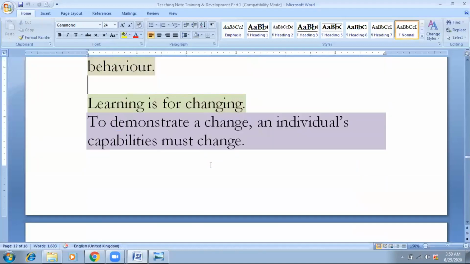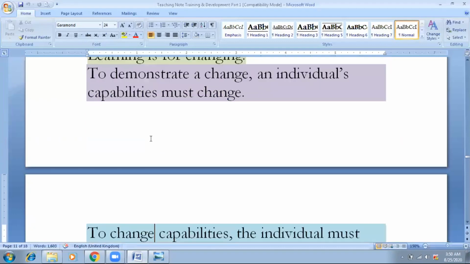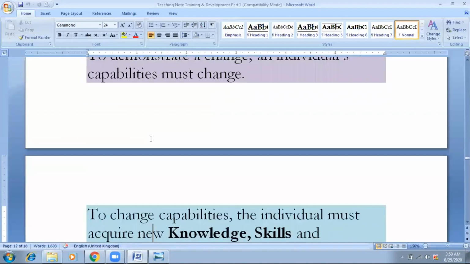That is learning. So learning is for changing. You have to change because of this learning also. You are learning now, you are listening to me. To demonstrate a change, an individual's capabilities must change.